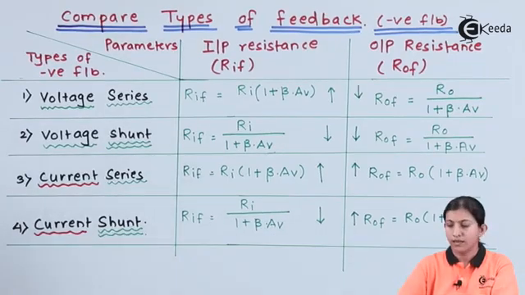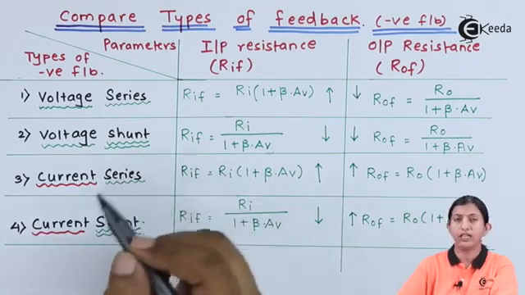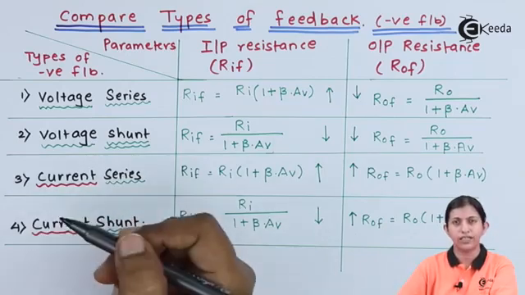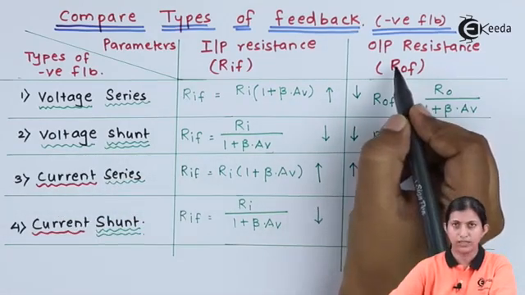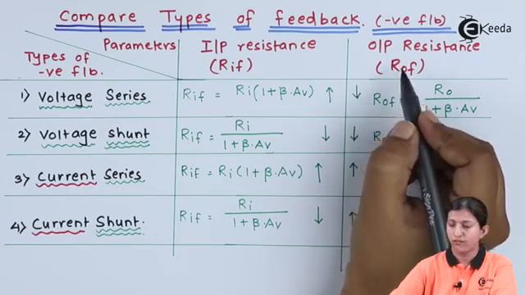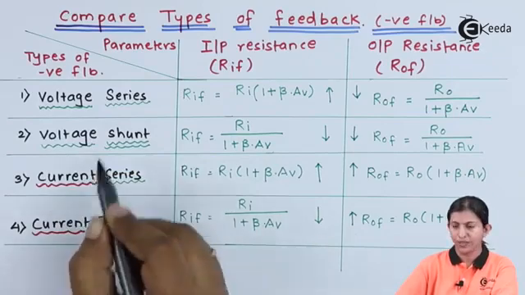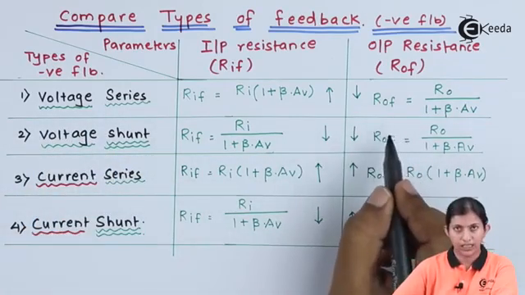so we will simply understand this by the type of the feedback connection, whether it is voltage series or voltage shunt, current series or current shunt. In case of output resistance, we have to check whether it is voltage sampling or current sampling. In voltage sampling, the resistance decreases.